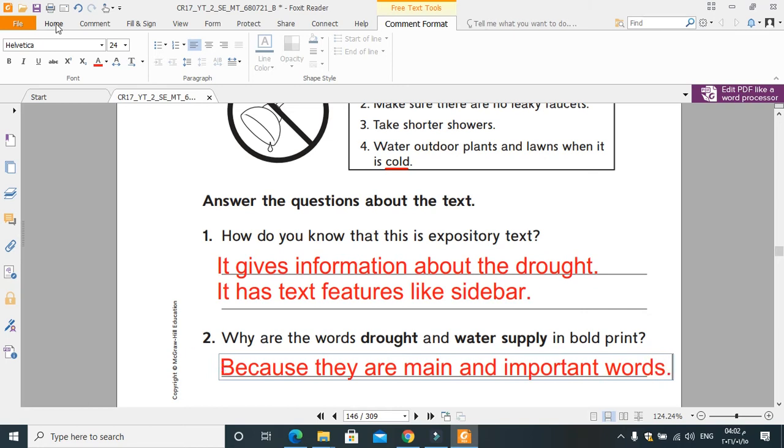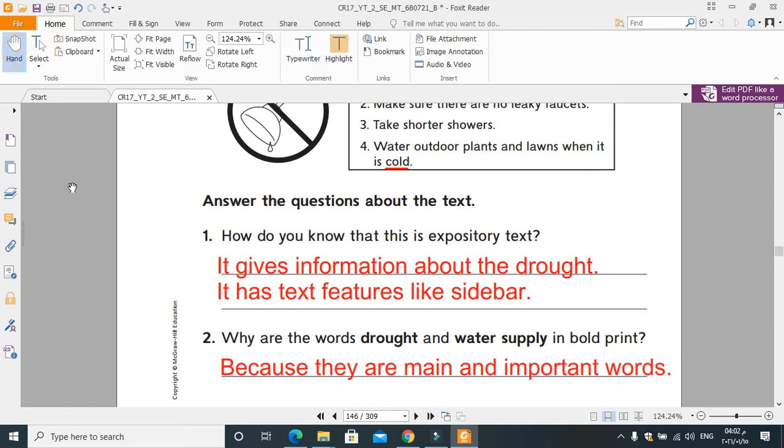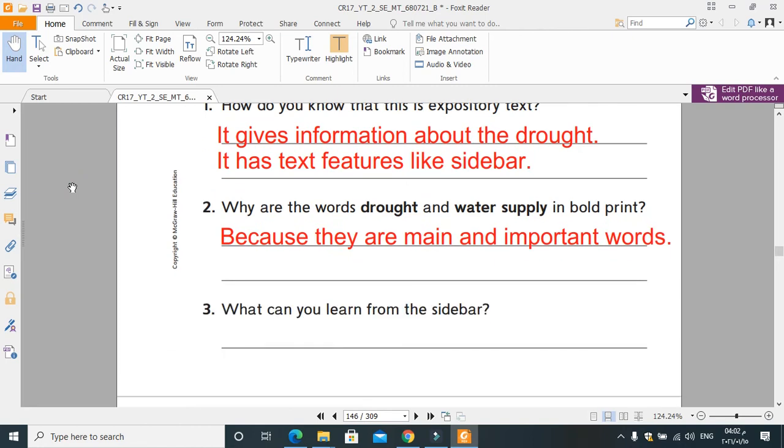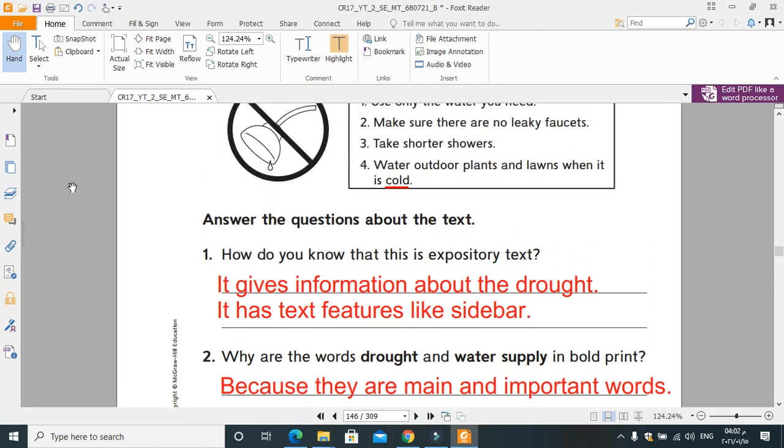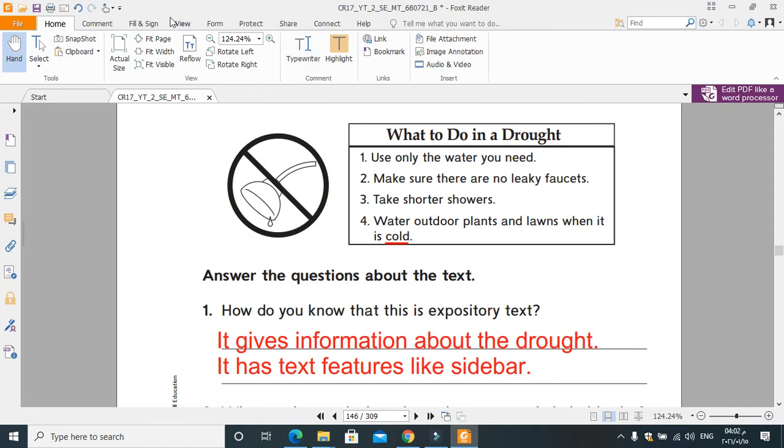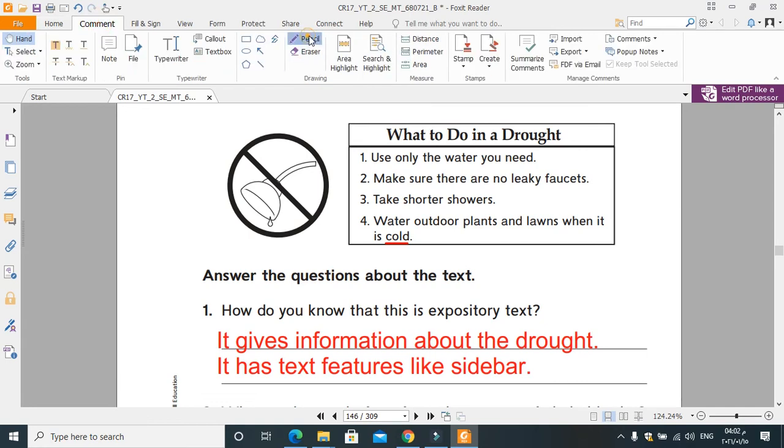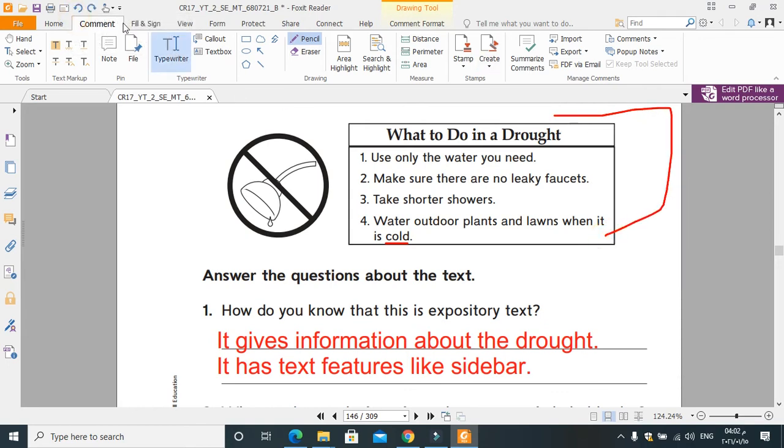Number 3. What can you learn from the sidebar? What is the sidebar? This one. When you read this sidebar, what can you learn? This is all the sidebar. So when you read it, what do you learn?